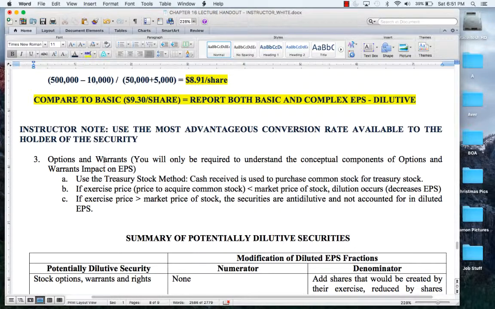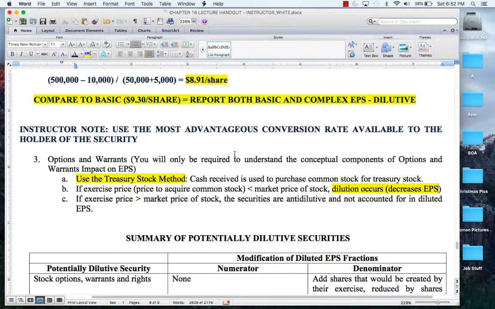Two other things for dilutive securities that would impact the earnings per share. You're only going to be able to know the conceptual components of this, but I will not require you to actually be able to put this into the calculation and calculate earnings per share. But just to highlight that if the exercise price, so the price to acquire the common stock, which is talking about the treasury stock method here, is less than the market price of the stock, dilution occurs.